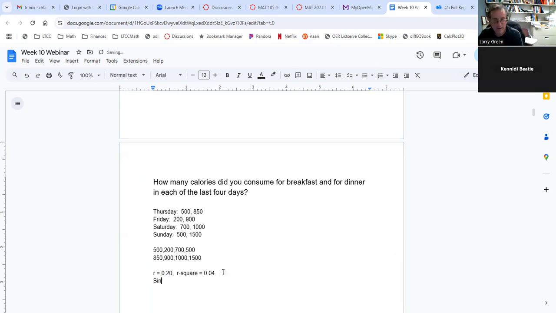So since R is positive, but not close to one, closer to zero, we can say that there is a very weak correlation between the number of calories eaten for breakfast and the number of calories eaten for dinner.